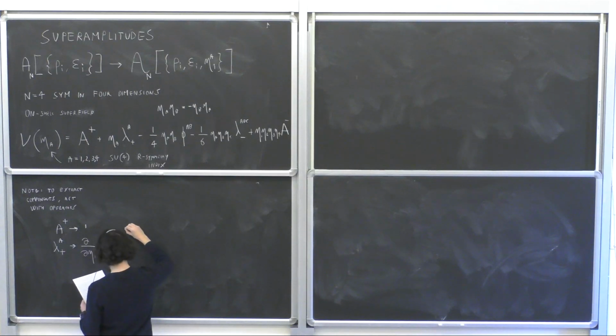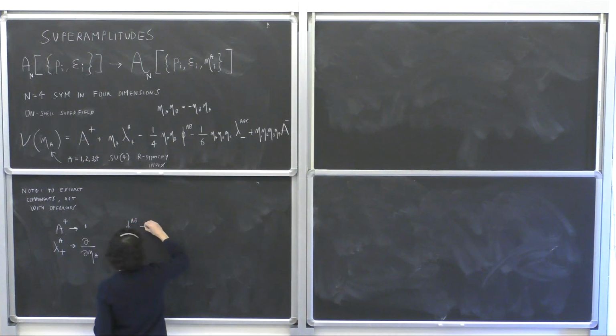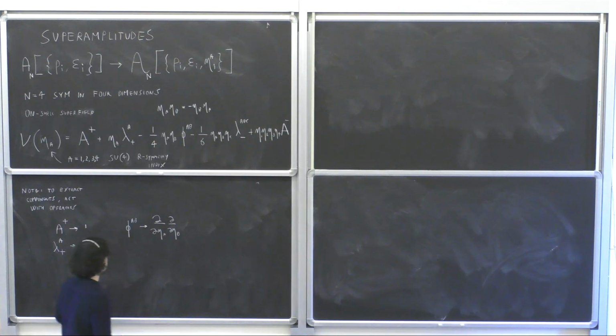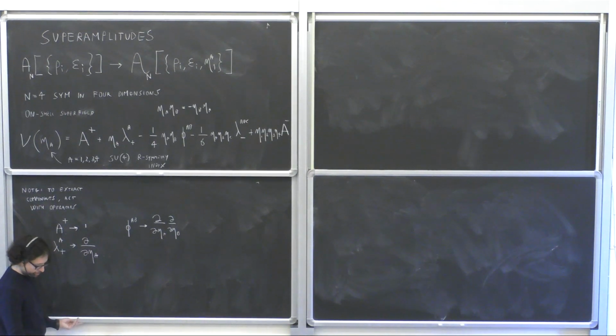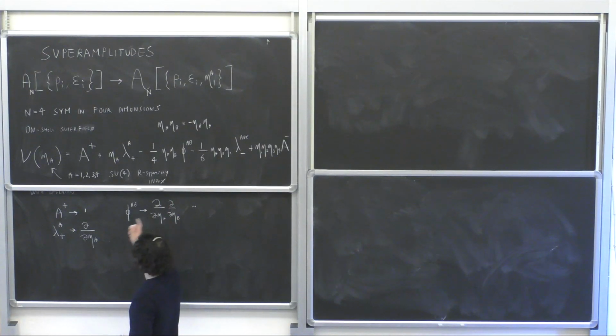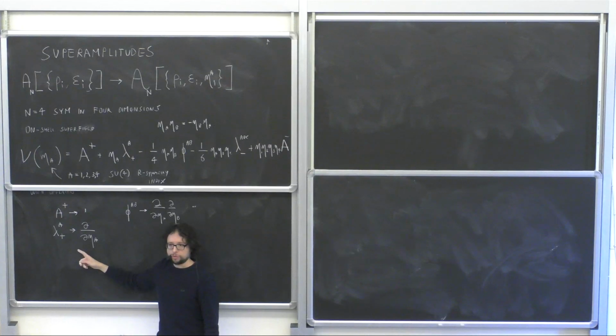You are having phi AB, which becomes the double differentiation with respect to the Grassmann variables, and so on and so forth. The normalization which you see here in the fields is so that unit normalization is used for these differential operators.